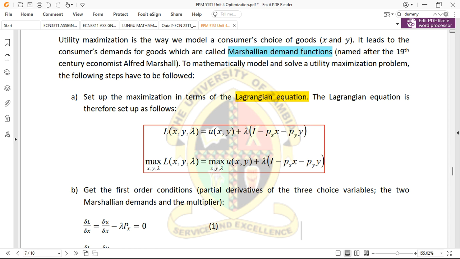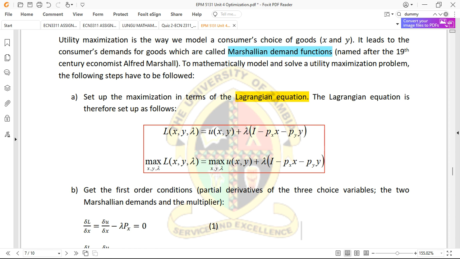Given a utility function that has two goods, x and y, I should first come up with the Lagrangian function, and then maximize it.